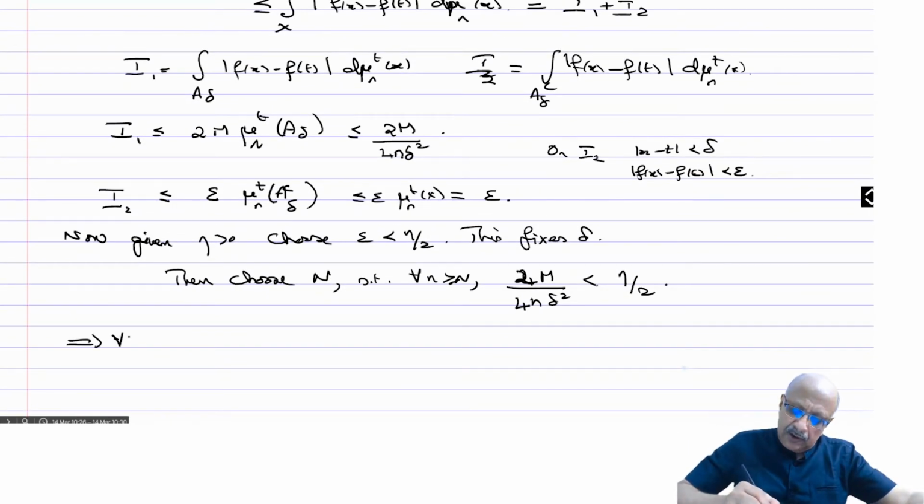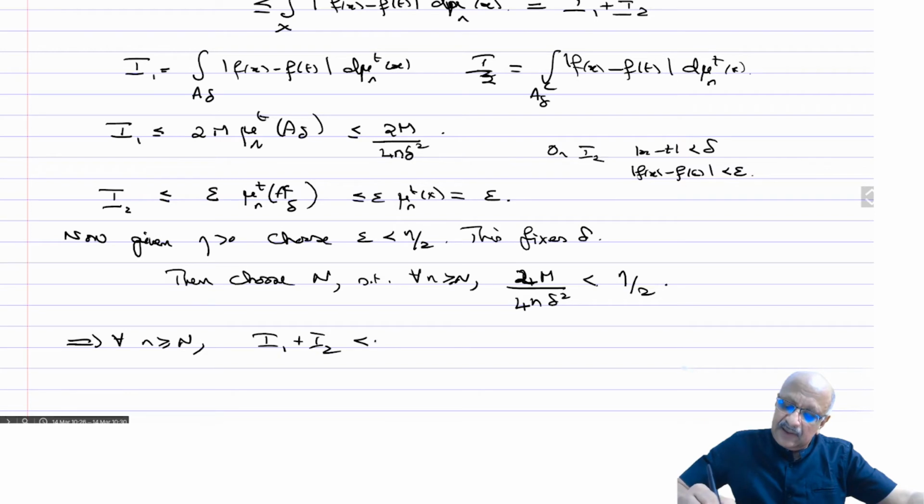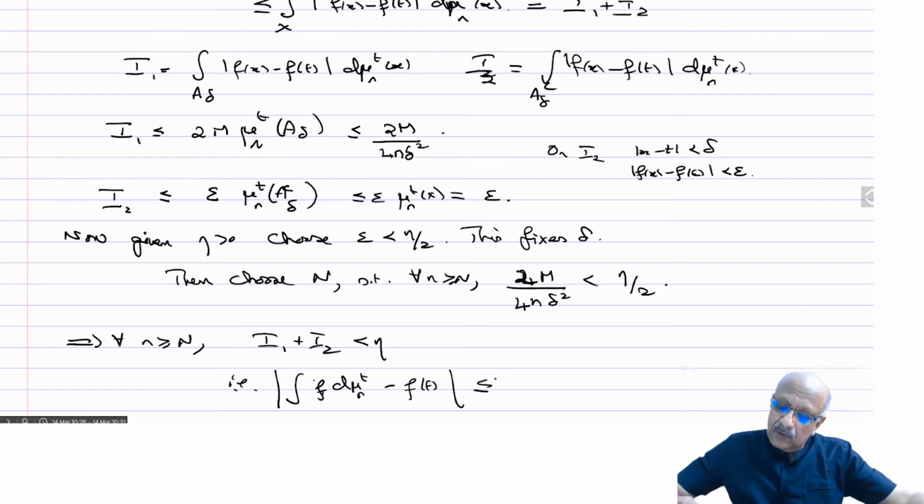Then for all n greater than or equal to N, I1 plus I2 is less than eta, that is, the modulus of the integral of f d mu n t minus f of t is less than eta for all n greater than or equal to capital N.